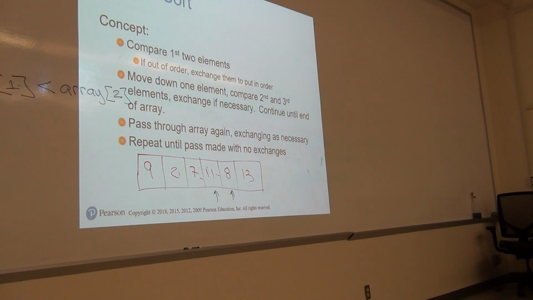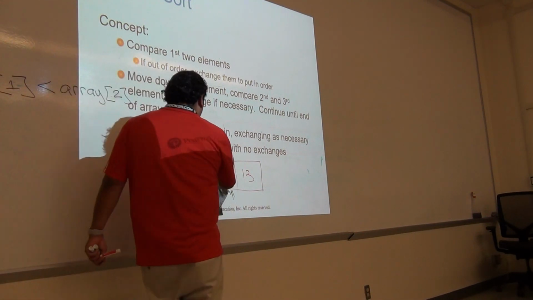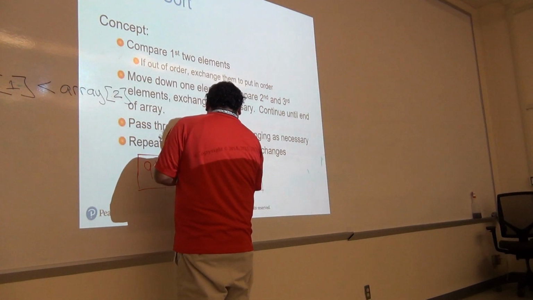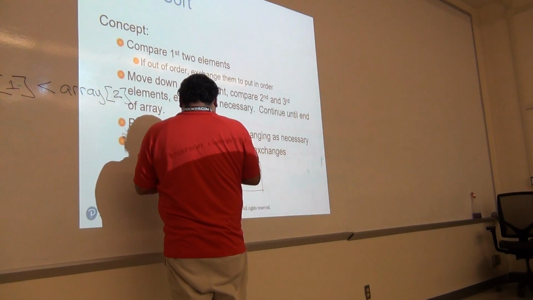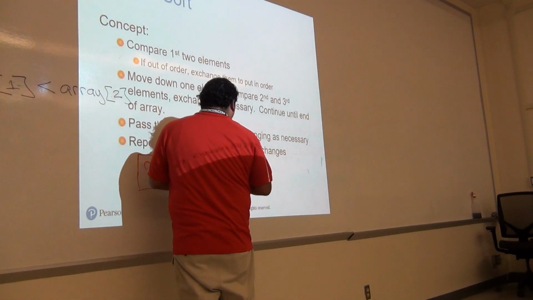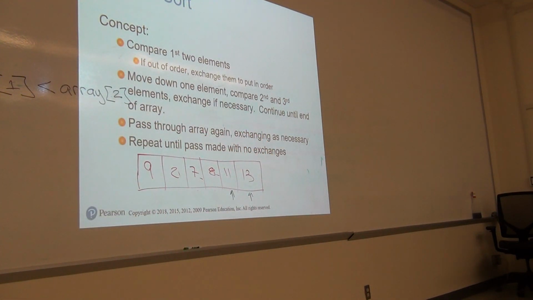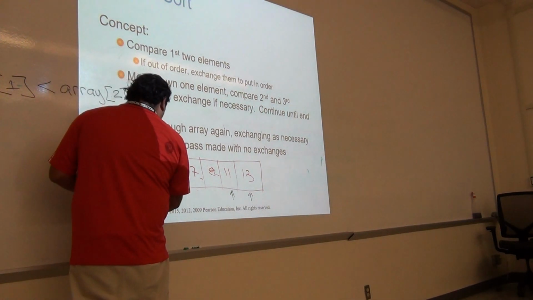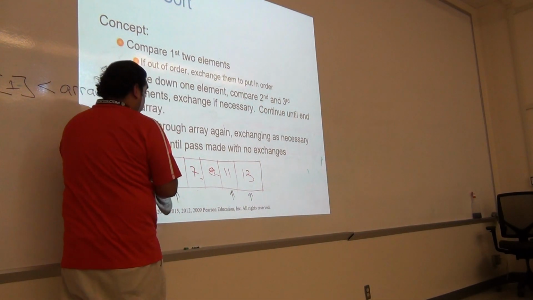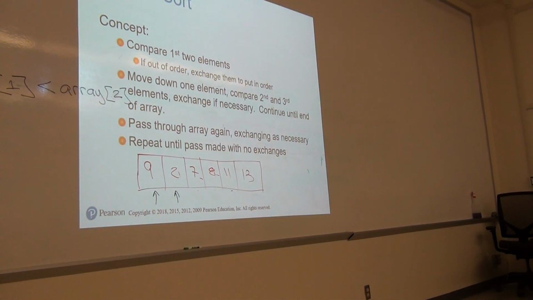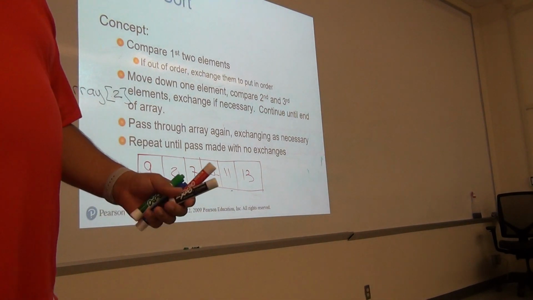And then what are we going to do? Are those values in order? Cool. Now we start over. Now we come back over here. And we continue through this process until there are no more swaps. Until everything is in order at that point.